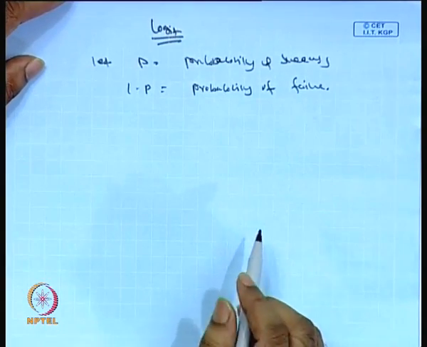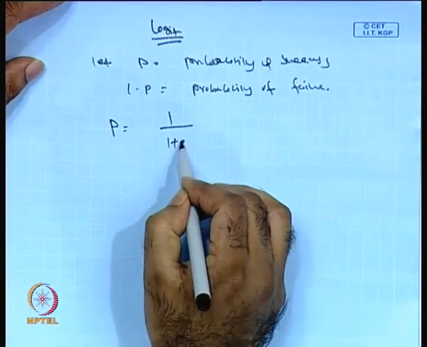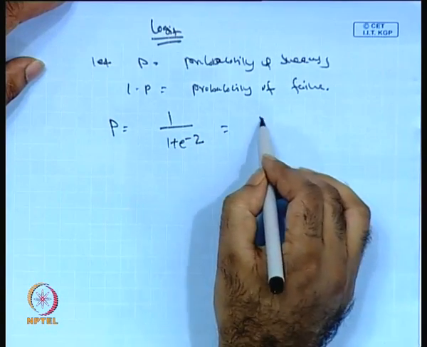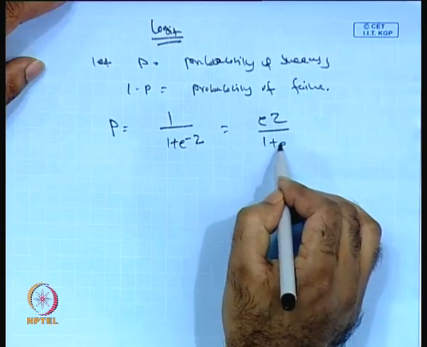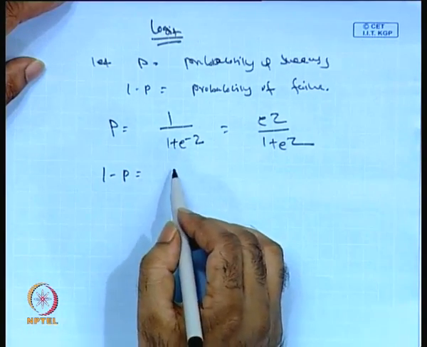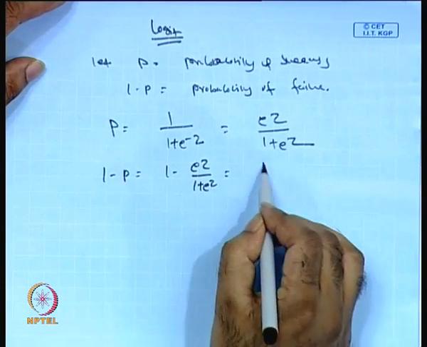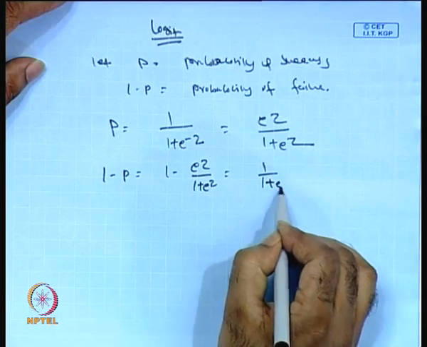Then we define P equal to 1 by 1 plus e to the power minus z, which is nothing but e to the power z by 1 plus e to the power z. Then 1 minus P is 1 minus e to the power z by 1 plus e to the power z, which is nothing but 1 by 1 plus e to the power z.